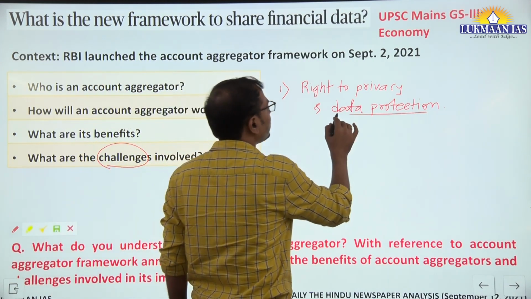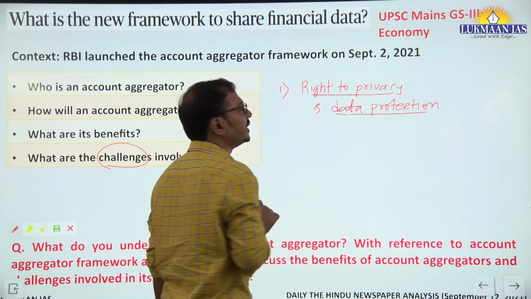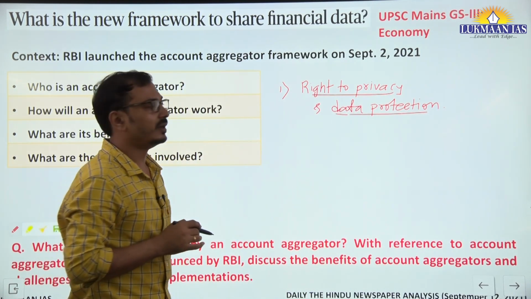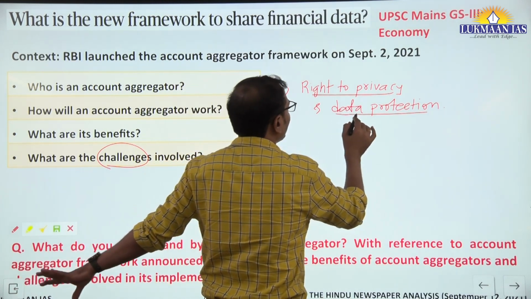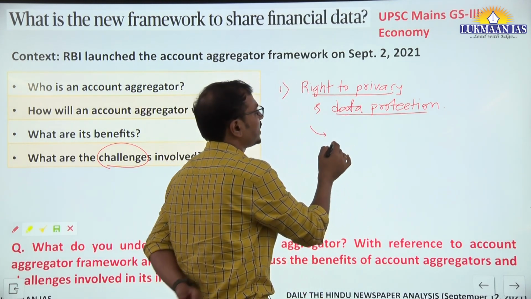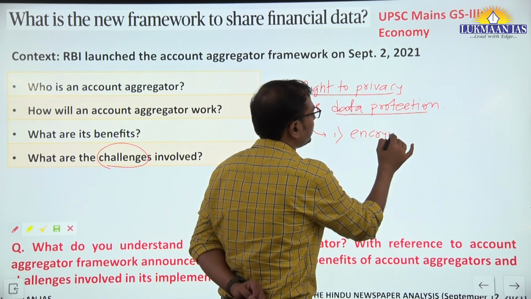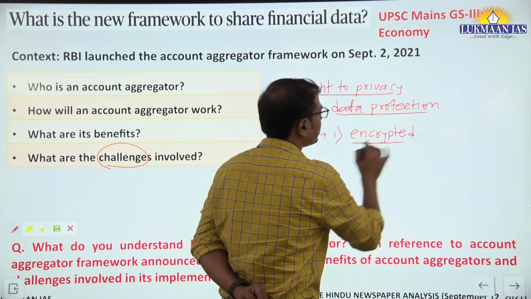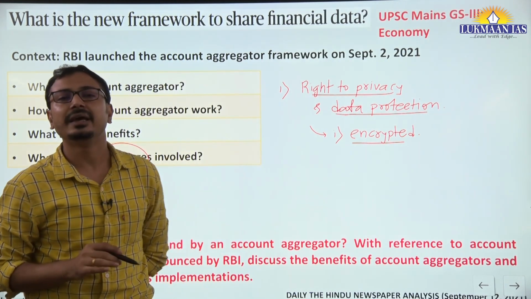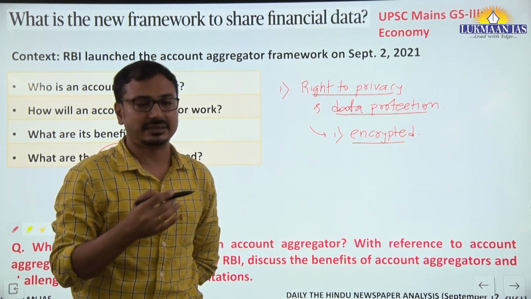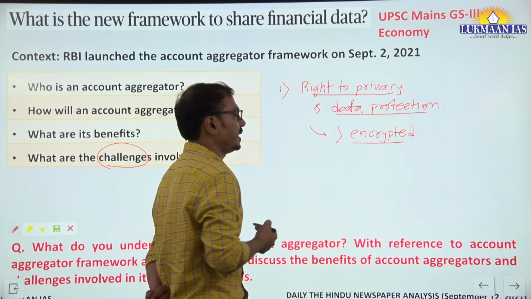So the right to privacy of individuals is affected. Under this framework there are two safety measures. One is that all the data transfer will be in encrypted form, and this is a good thing to ensure data privacy.